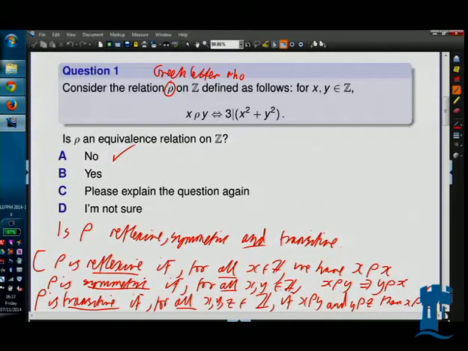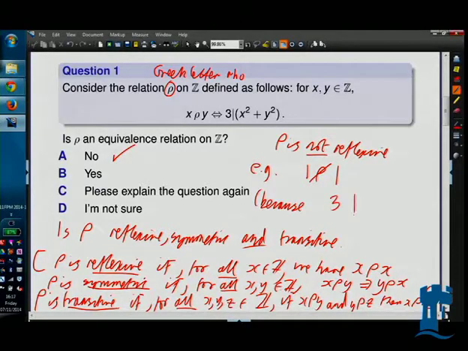It's not reflexive. For a start, for example, 1 is not related to 1, because 3 does not divide 1 squared plus 1 squared, which is 2.